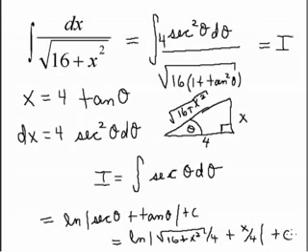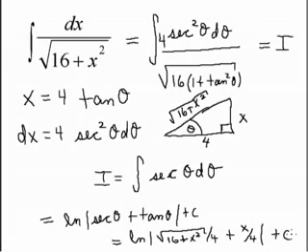The integral of secant of theta d theta is the natural log of secant theta plus tangent theta plus a constant. The secant of theta can be readily obtained from the representative triangle. The secant of theta is the hypotenuse over the adjacent. And we have that there. And then the tangent of theta is just x over 4.